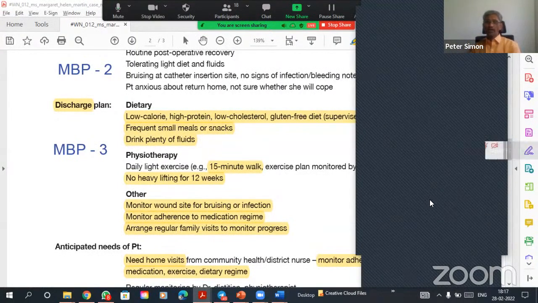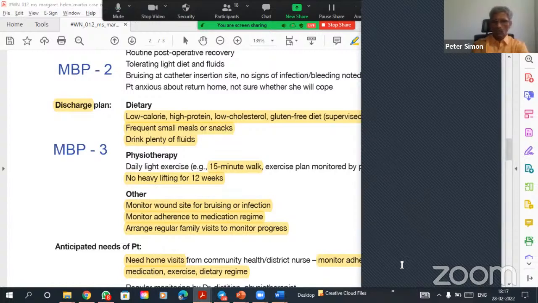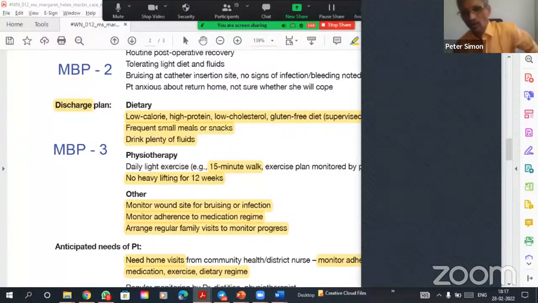So how many of you are interested? Just type. Who is interested? Nurses also. These are sentence structures, not a doctor session.